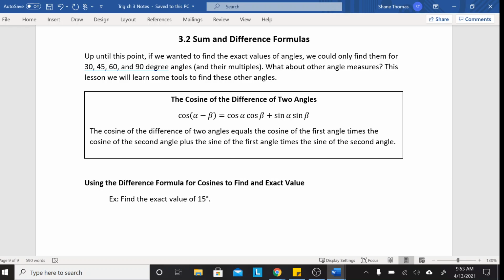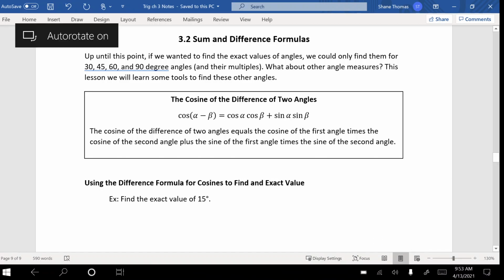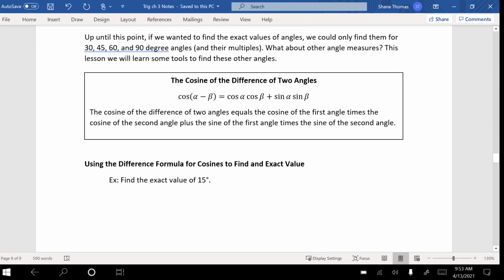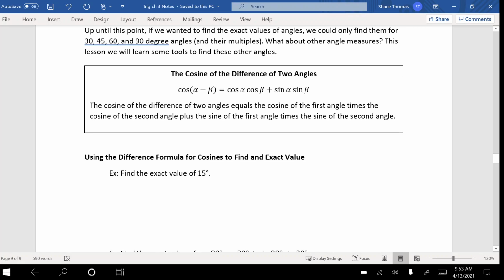So I'm going to find the exact value of cosine of 15 degrees. Now, looking at the degrees that I know, 30, 45, 60, and 90, give me a combination of those angles I know, where if I subtract them, I'm going to get 15. See a way I can make a combo of those?